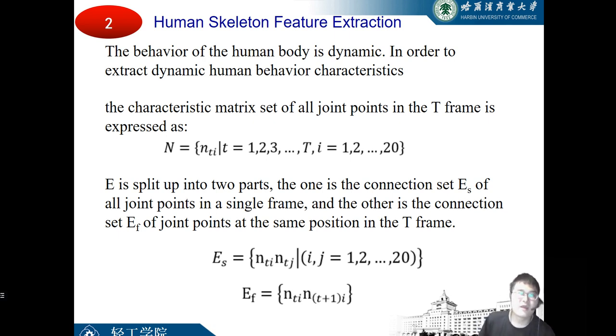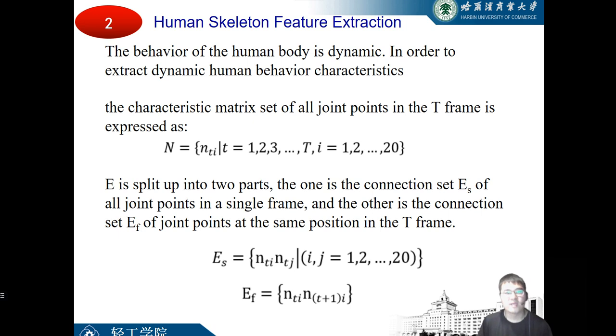The behavior of the human body is dynamical. In order to extract dynamical human behavior characteristic, the characteristic matrix set of all joint points in the T female is expressed as this. E is split up into 2 parts.